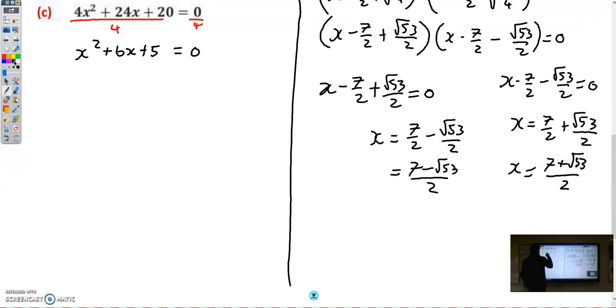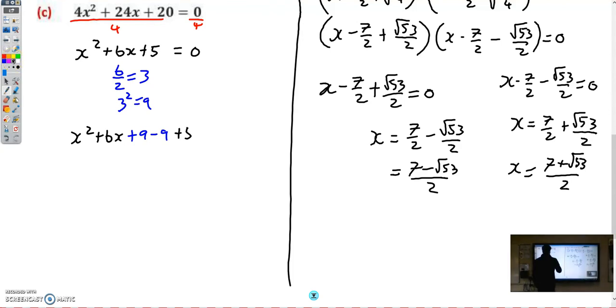So we are going to divide 6 by 2, which gives us 3. We're going to square it, which gives us 9, and then we're going to add it and subtract it into our equation. So we get x squared plus 6x plus 9 minus 9 plus 5 equals 0.